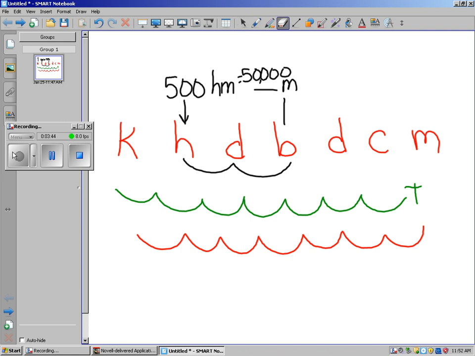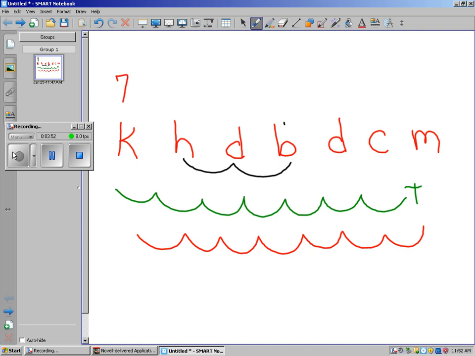Let's do another example. Let's do a harder one. If I have 7 kilograms and I need to determine how many grams, which is the base, there are in 7 kilograms, am I moving to the left or am I moving to the right?